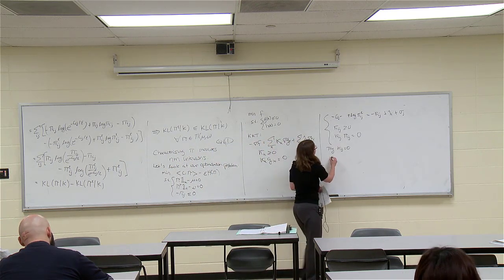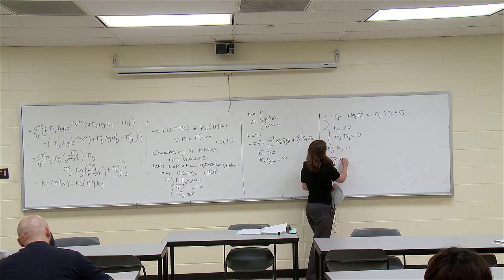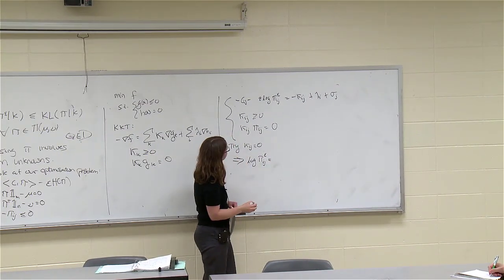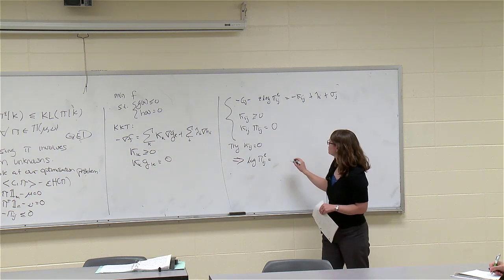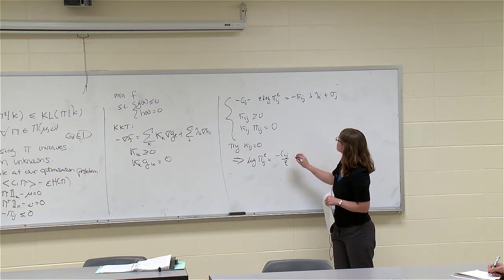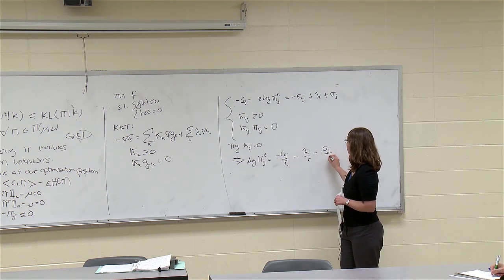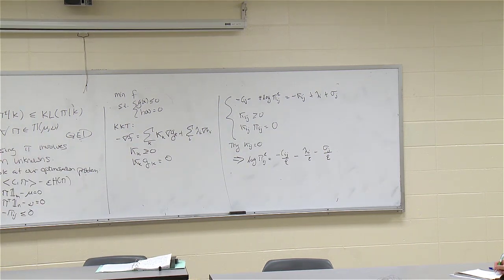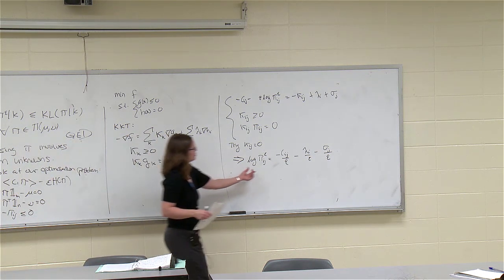Okay, and then what do I have? If I put that in here, I have log pi ij equals, so minus Cij over epsilon, minus lambda I over epsilon, minus sigma j over epsilon. Okay, and I'm trying to solve for this optimal plan.